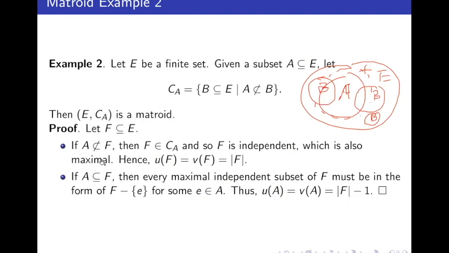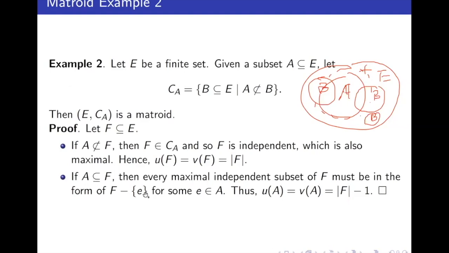So then the other case would be A is a subset of F. In this case, F is not independent. It's not in this CA. Okay, F is not in the CA. But by getting rid of one element, every maximal subset must be of the form F minus some element in A. I just get rid of it.